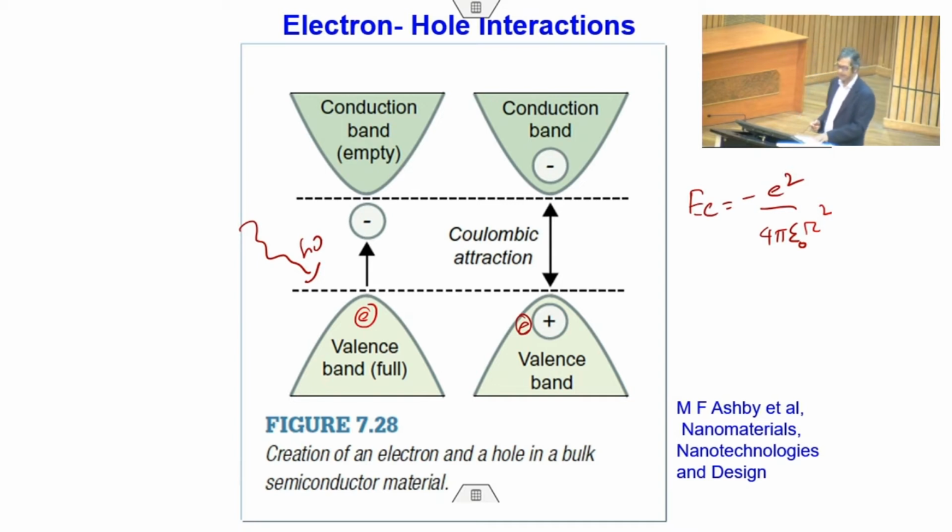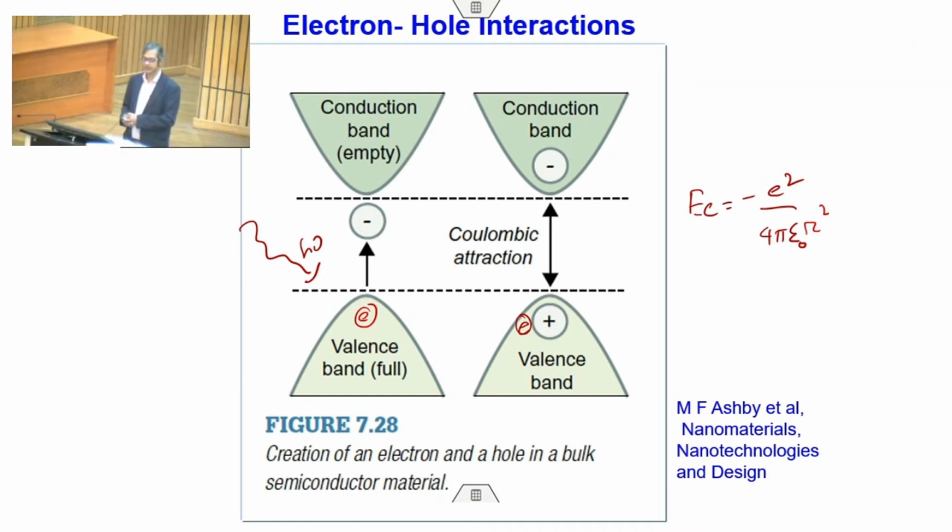That means we can think of a change of Bohr radius, and therefore we can define a new Bohr radius, which depends upon the mass of the hole, the mass of the electron, and also the rest mass of the electron. I have already discussed that in the last lecture.